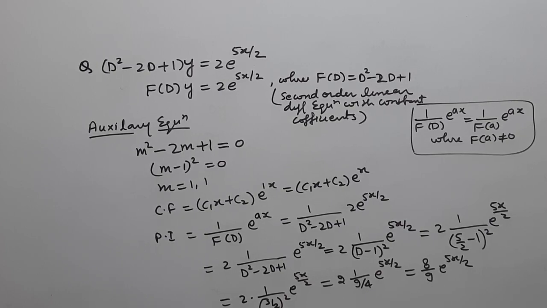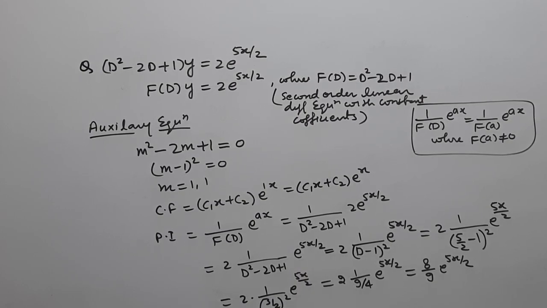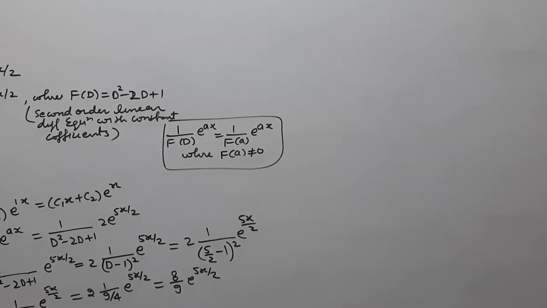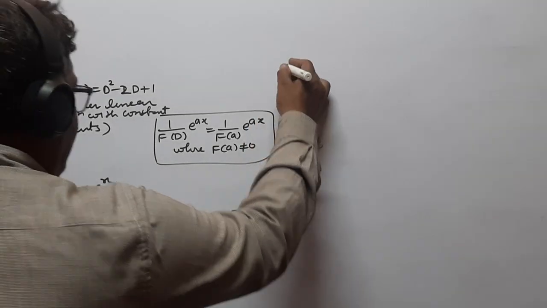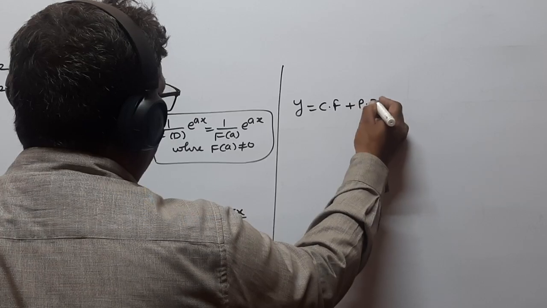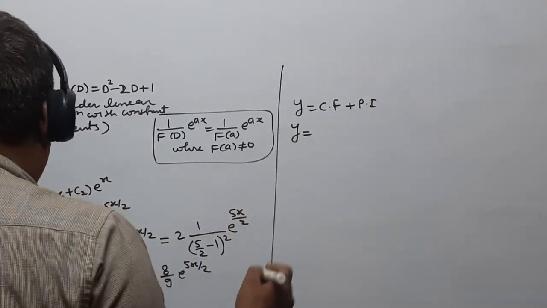Now we have found the complementary function and the particular integral. If we add the complementary function and the particular integral, we get the complete solution of the given second order linear differential equation with constant coefficient. The solution can be written as y is equal to CF plus PI, complementary function plus particular integral.